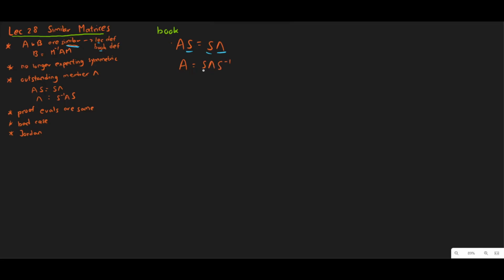This statement alone is enough to say that our A and our capital lambda are similar. So that's the new term that we are introduced to in this lecture. These things are similar.